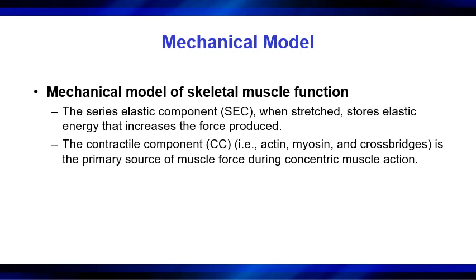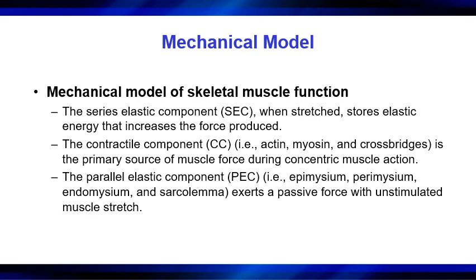So when you have that fast eccentric stretch, energy gets stored in the series elastic component. Then your contractile component, with your fast concentric contraction, further contributes to force during those explosive plyometric activities.